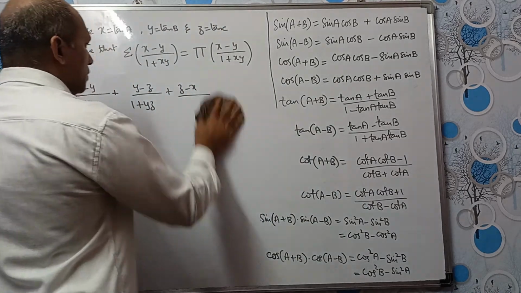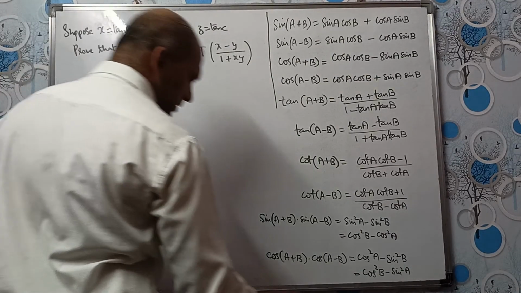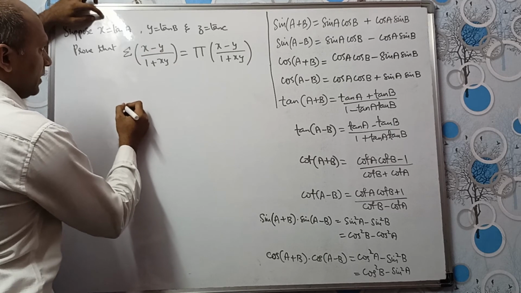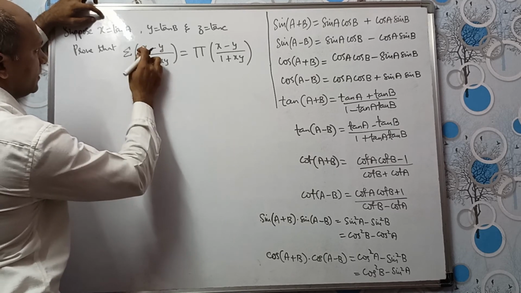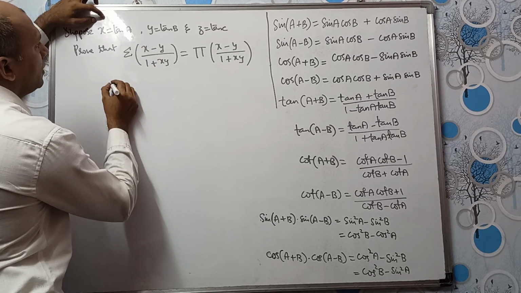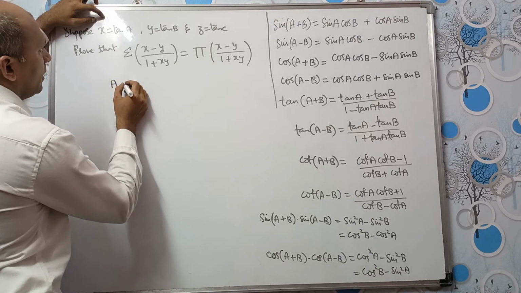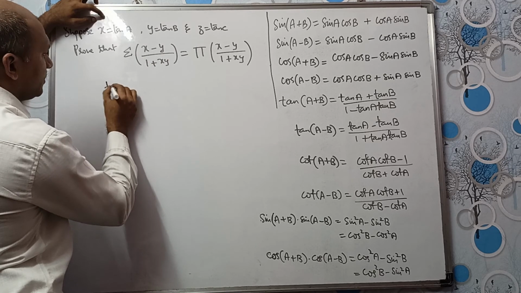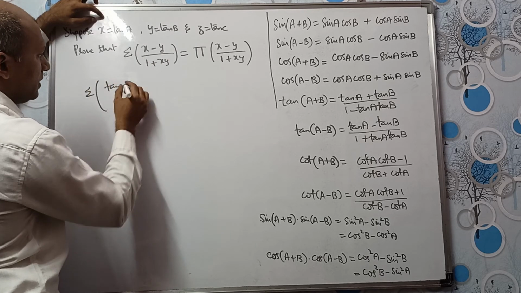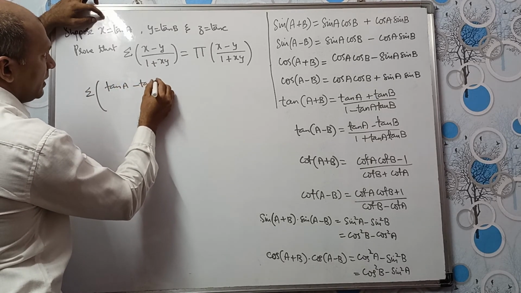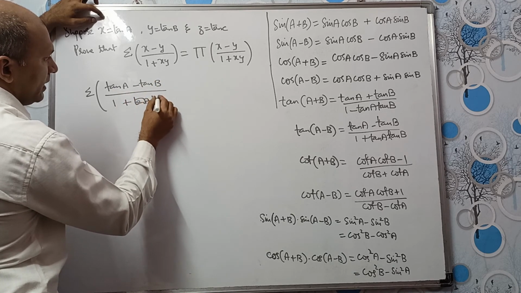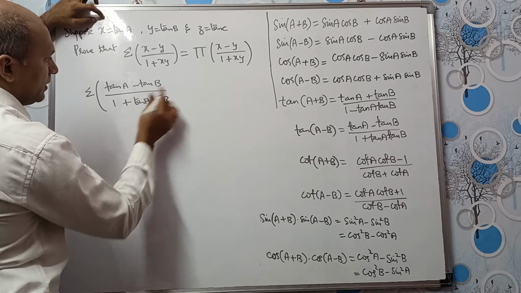So to make things easier, let us take A as, see, this is sigma of tan A minus tan B divided by 1 plus tan A tan B, right?